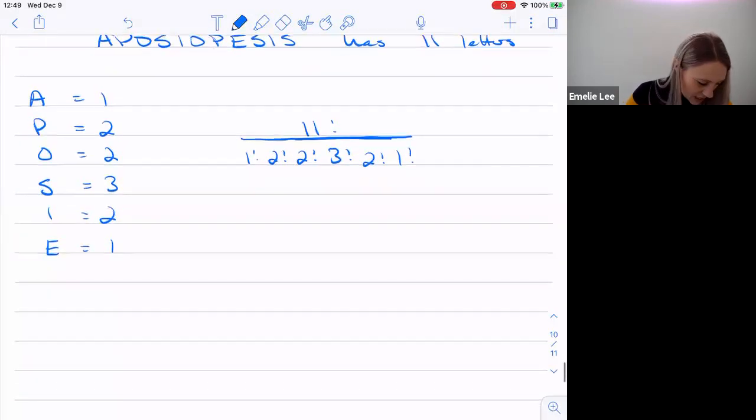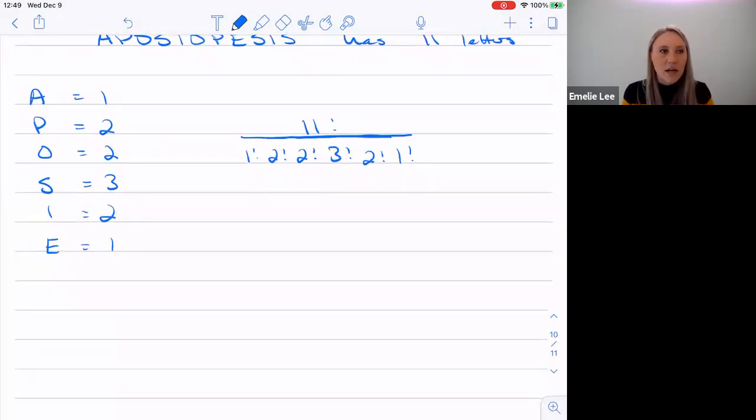Most calculators have a factorial button, so you don't have to do 11 times 10 times 9 times 8 times 7 times 6 times 5 times 4 times 3 times 2 times 1.